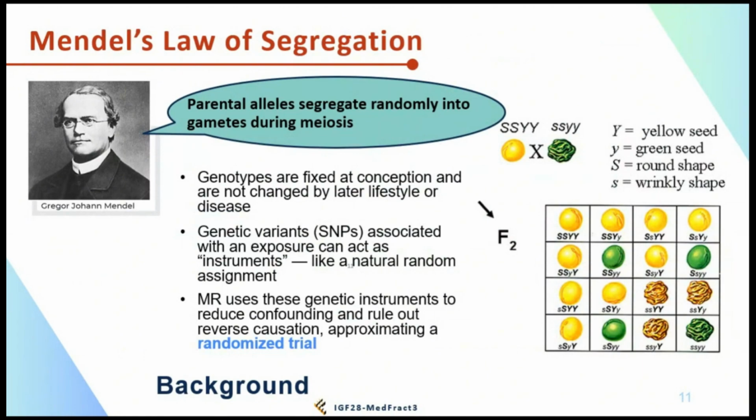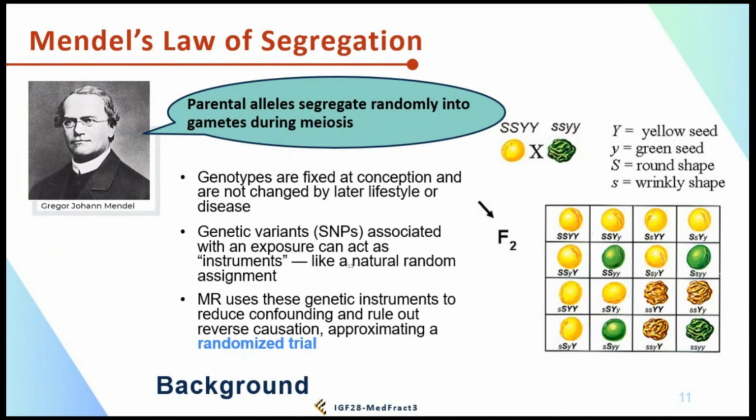So they will generate very predictable possibilities. So the main idea of Mendelian randomization is that an individual's genotype is fixed at conception, and therefore precedes the exposure and the outcomes.